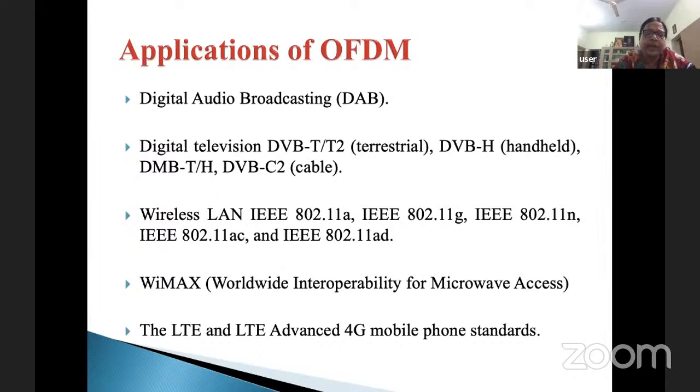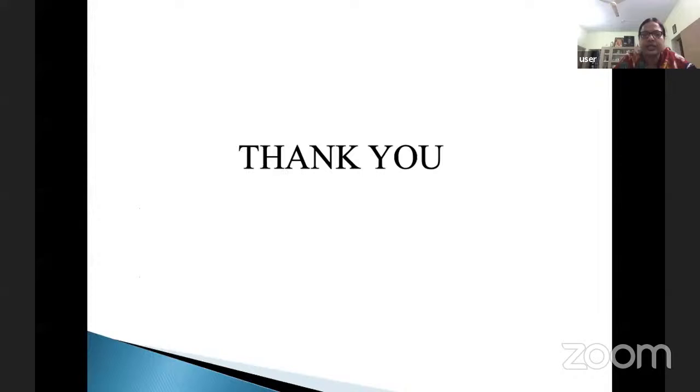Also in WiMAX, that is worldwide interoperability for microwave access, LTE Advanced and 4G mobile phone standards. And as per the present scenario, the standards given by IMT-2020 have also given a green signal to use OFDM even in 5G communication.